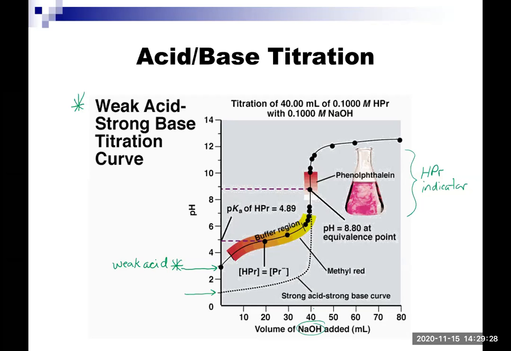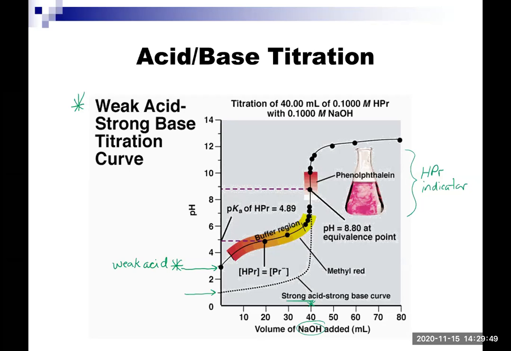It's not until we add 40 mLs of sodium hydroxide that we see this increase in the pH from a pH of about 5, jumping up to a pH of over 10 all of a sudden when we add 40 mLs.